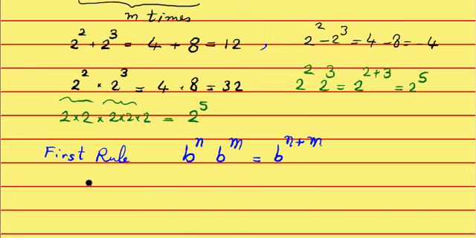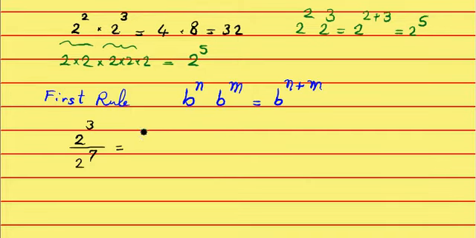The next item that we are going to take a look at is the issue of division. What if I had 2 cubed divided by 2 to the power of 7? 2 cubed means 2 times 2 times 2, over 2 to the power of 7, which is 2 times 2 times 2, and a few more of these.